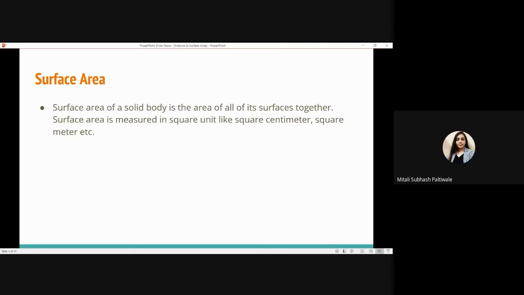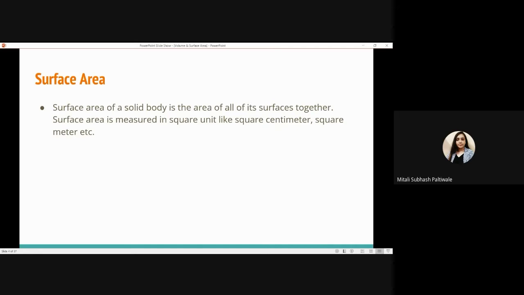Now we are done with what exactly volume is and what surface area means. So let us move ahead with the very first shape, which we have seen lots of times.